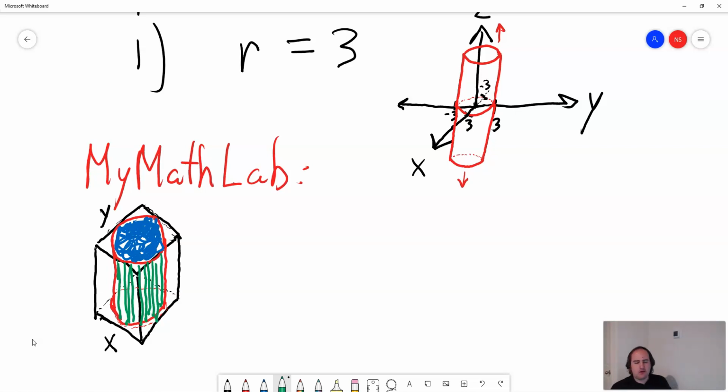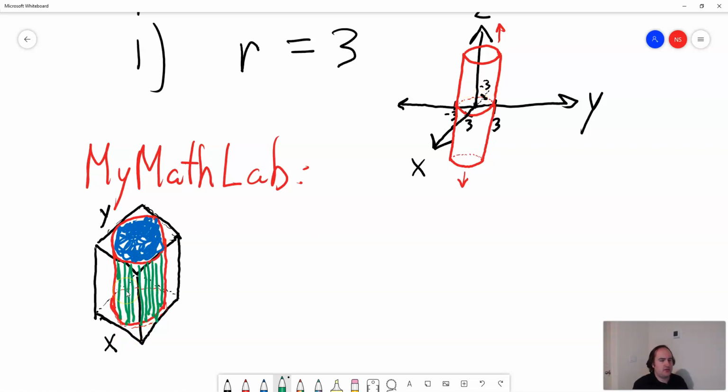Okay, so when you're doing your homework on MyMathLab, assuming you're in my class and you're not just watching this video for fun, this is actually what our picture is going to look like, which is basically the same exact picture. It's just they have the y-axis labeled up here. So they have my graph rotated a bit, and then they have the x-axis going like this. But the middle is still going to be the same.